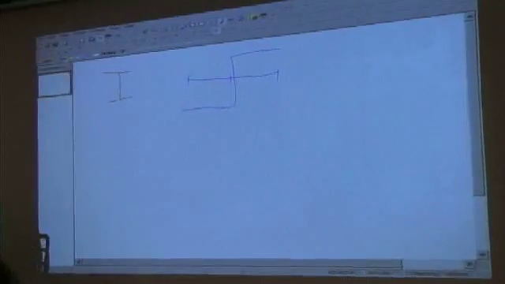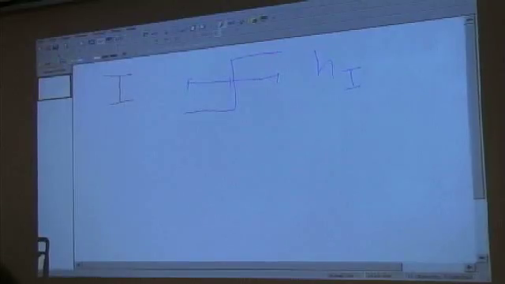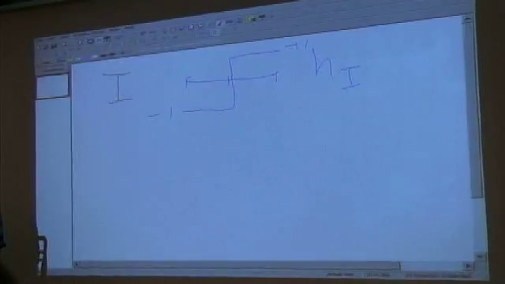Forget my draftsmanship, this is the R function associated with interval I, so it takes the value -1 on the left half and +1 on the right half.